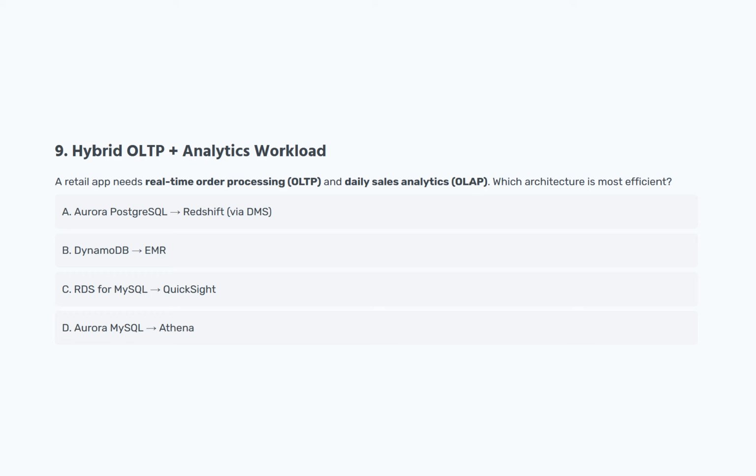The options are Aurora PostgreSQL with Redshift, DynamoDB with EMR, RDS for MySQL with QuickSight, and Aurora MySQL with Athena. I think for this one, OLTP is Aurora, and then Redshift for analytics. I don't think we're going to go to the other ones. So the answer is answer A.